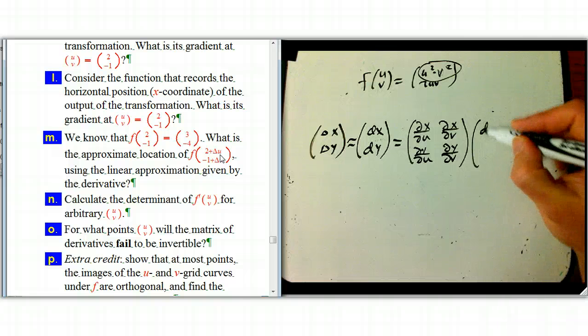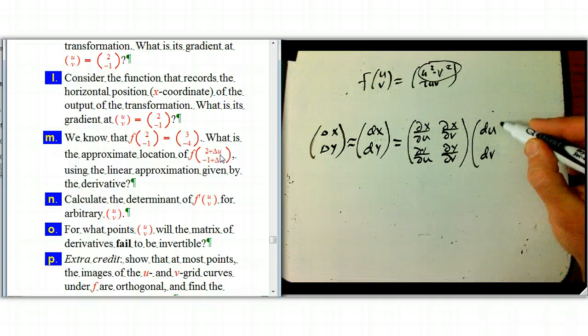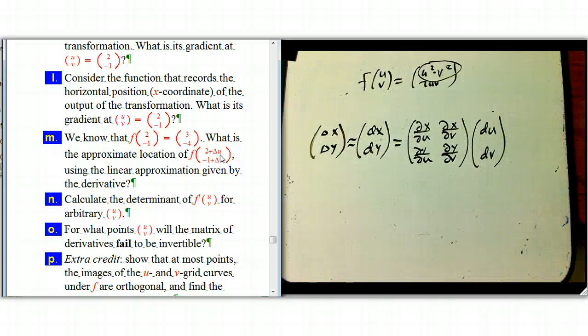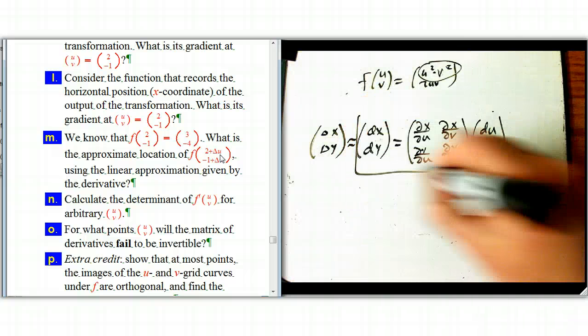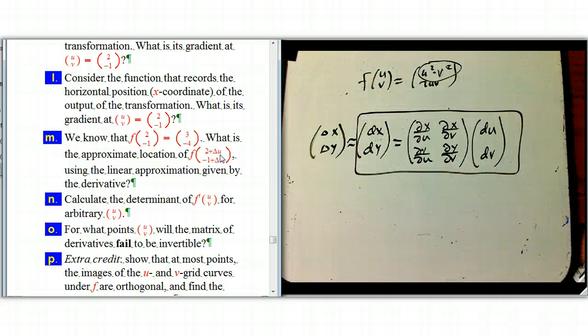And you can call them d or delta on the inputs, it doesn't matter. But when you're using d's on one side, it's kind of nice to use d's on the other. That is a very concise statement of how the matrix of derivatives helps us.